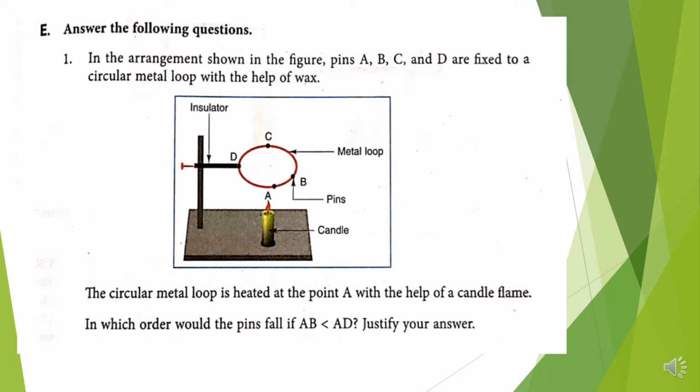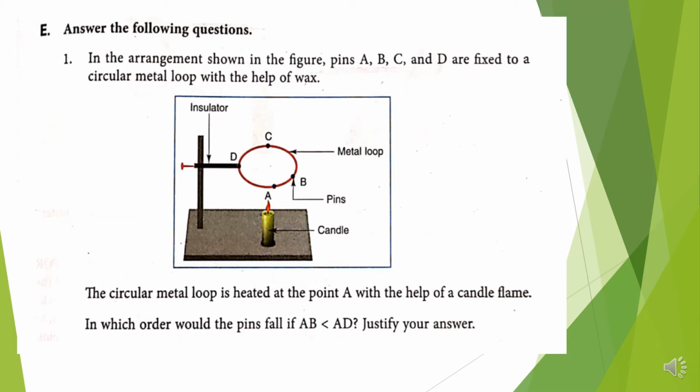So, the first question given in Section E is, there is an arrangement given here where there is a circular metal loop. There are pins A, B, C and D which are fixed to this circular metal loop with the help of wax.